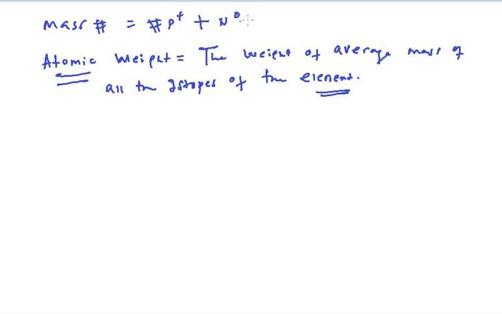Mass number is straightforward. It's the number of protons plus the number of neutrons. But when we're talking about the atomic weight, you need to know the percentage composition of each isotope. Percentage compositions need to be identified or given to you.